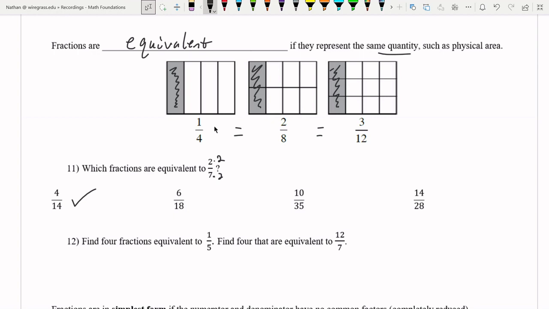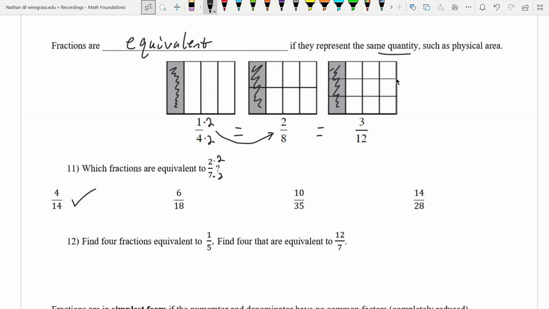Effectively, we're just multiplying by 2 because we're cutting it in half. If you cut it in half, you double the amount that you have. But you're going to double both the parts that are shaded and the parts that are total. So you have to double both the top, the numerator, and the denominator.